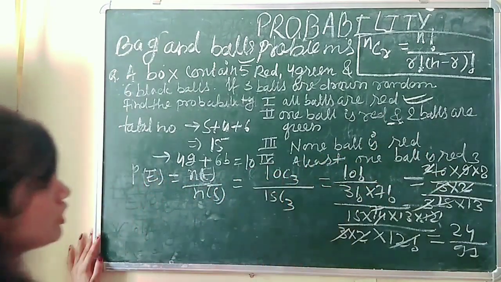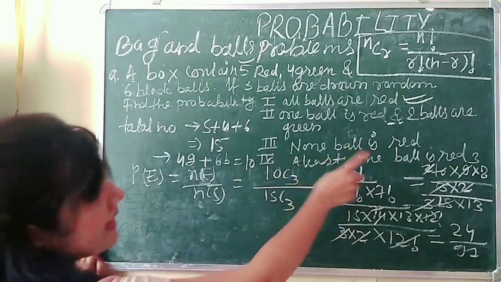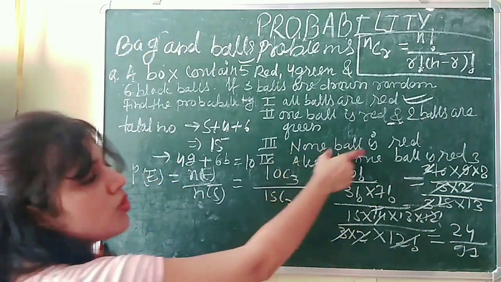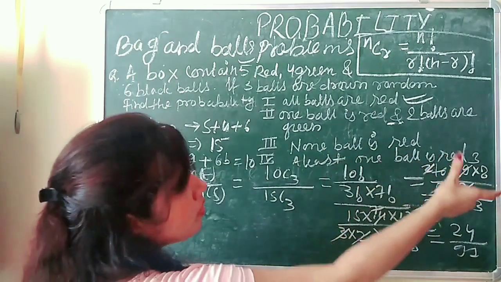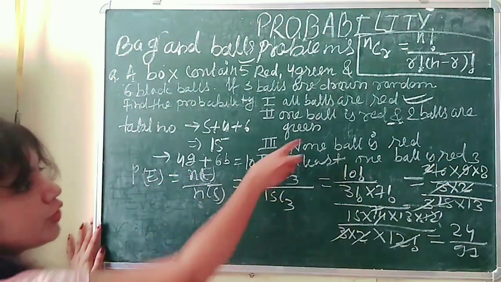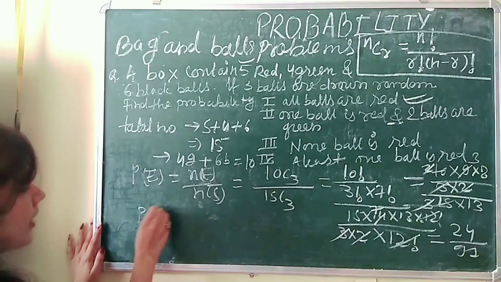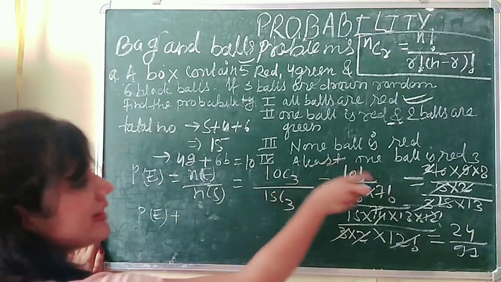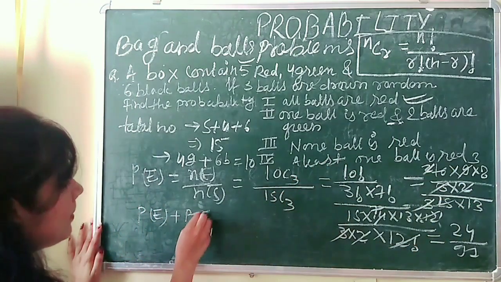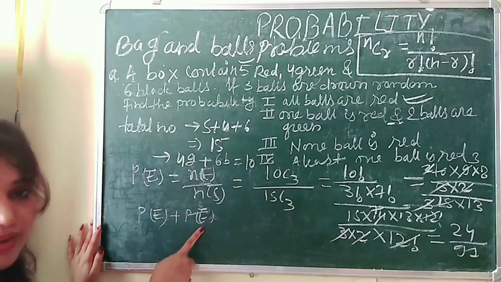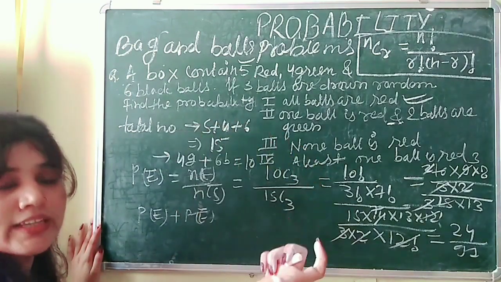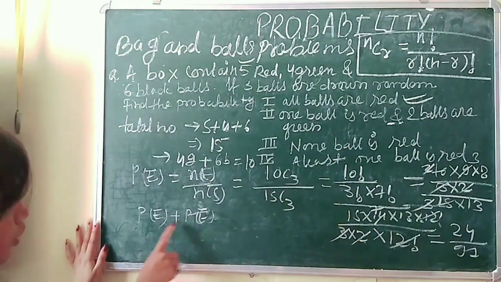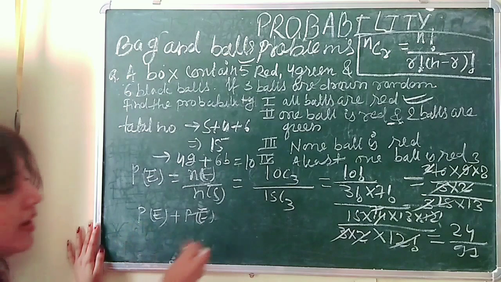Now, in the fourth point, it is saying at least one ball is red. In the third, we got none of the balls is red. So we know the formula: if none ball is red is PE, then at least one ball is red will be PE bar. In this event, we will get at least one red ball, and before this we were not getting any red ball. So PE plus PE bar equals 1.